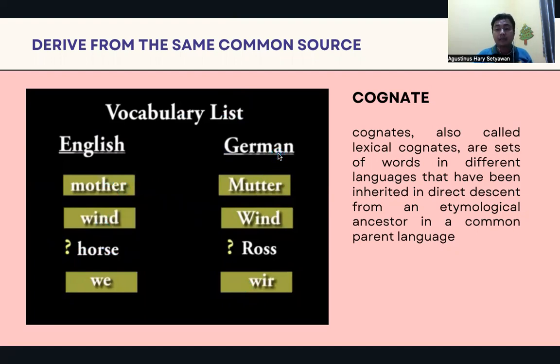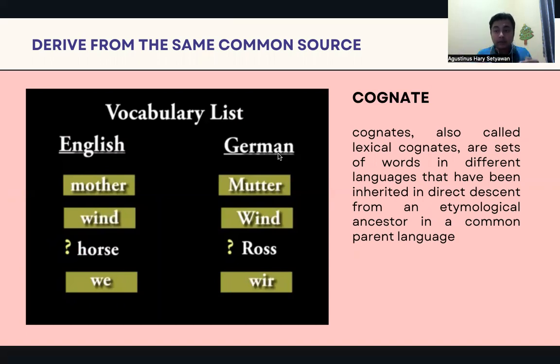Kalau bahasa Indonesia itu namanya cognate. Nah, cognate itu apa? Cognates, also called lexical cognates, are sets of words. Set itu pasang, ya, that have been inherited in direct descent from an etymological ancestor in a common parent language. Jadi dia diprediksi karena sudah dianalisis ada kesamaan pola, ya.